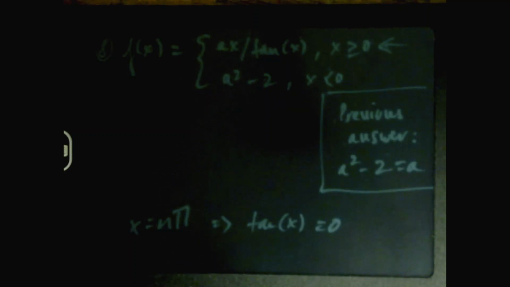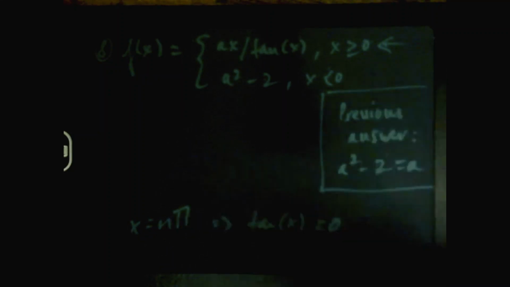And the tan of x, we have that in the denominator in this part, right? So that actually might give us a problem. So I'm going to try to see what happens at these numbers, when x is a multiple of pi. And it might turn out that no value of a is going to make it continuous. Okay, so I'm going to try to take a look at that now, right?